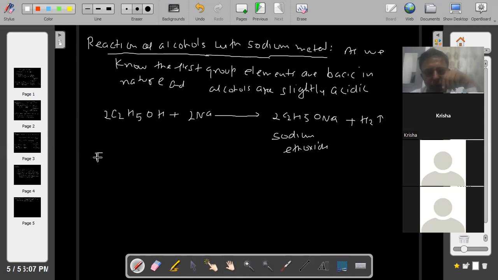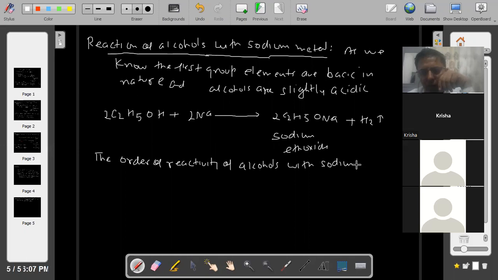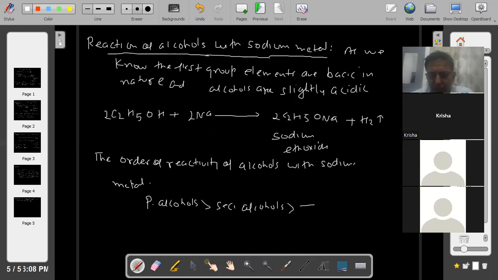The order of reactivity of alcohols with sodium metal, already I explained: primary alcohols, secondary alcohols, and tertiary alcohols, you got it.